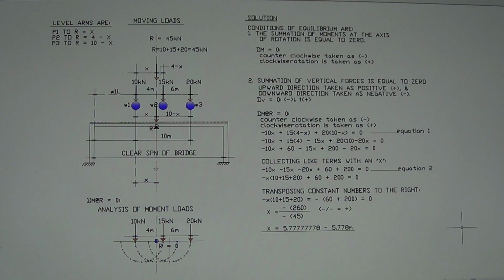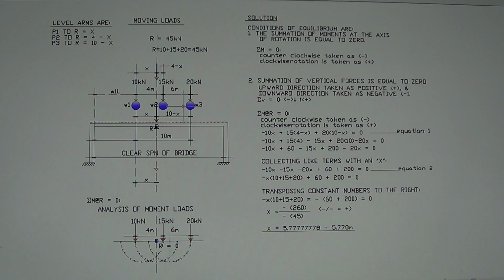Hello everybody. Today we're going to do the moving loads. Moving loads applied to the bridge with wheels are called moving loads. In the design of the bridge, the majority of the moving loads are categorized as loads known as a couple.